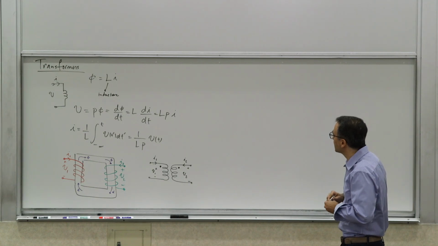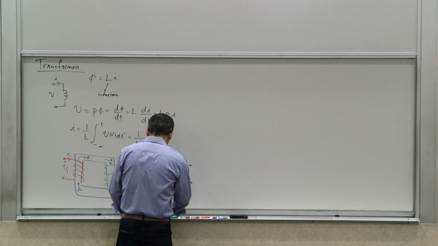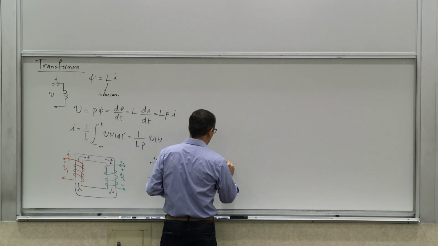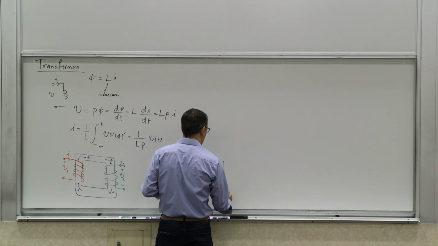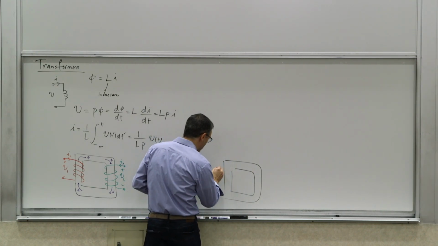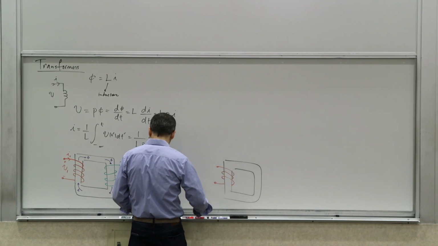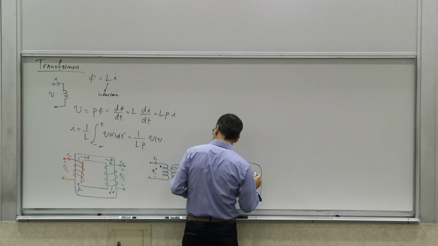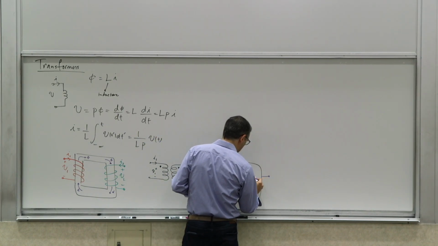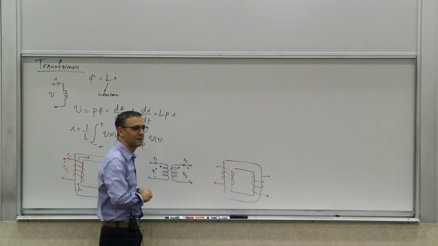Now, what if the flux linkage was in the opposite direction? I'm going to redraw this picture with the opposite flux linkage, but I'm not going to make it as clean possibly. And let's say, now I've got to go from underneath and come back up. Right?